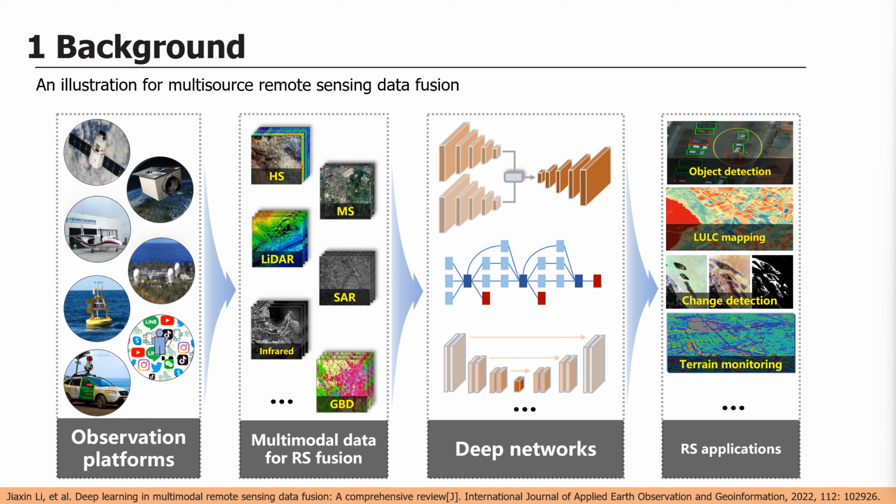By designing different network structures, we can apply these data to various applications, including object detection, land use land cover classification, and so on. More information about multi-source remote sensing data fusion can be found from this paper listed below.